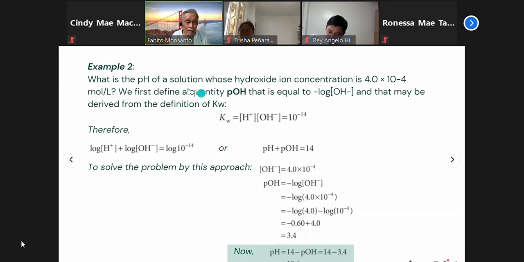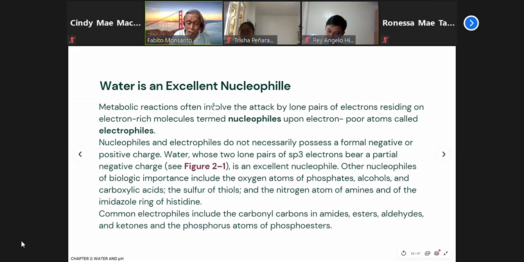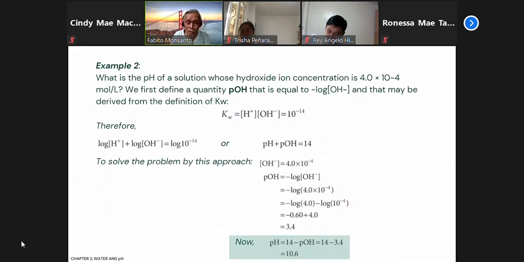What is the pH of a solution whose hydroxide ion concentration is 4 times 10 to the minus 4 moles per liter?